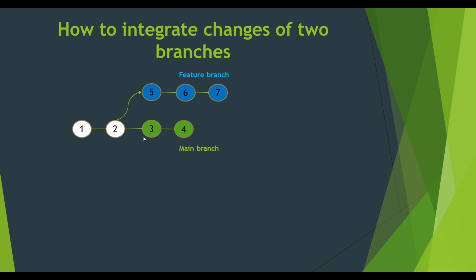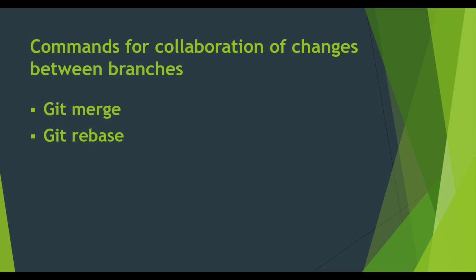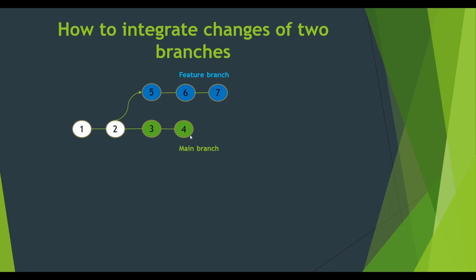During this time the main branch also got some more commits from other users, with commit IDs, let us say, 3 and 4. In order to sync the main branch changes into the feature branch, we have to use some commands. There are two commands in Git, Git Merge and Git Rebase, which can be used to sync the changes of two branches.